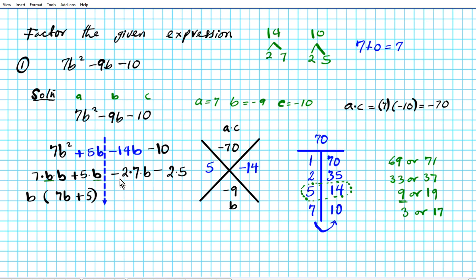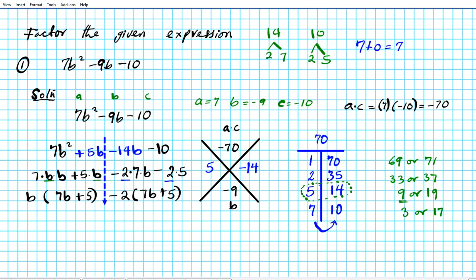Now to the right side, we have a minus and a minus. So we're going to factor out a minus, which will change this to a plus. And is there anything that's common other than the minuses? 2 and 2 are common. So we factor out a 2. And we're left with 7b. Because we took out the minus, this minus becomes a plus, plus 5.